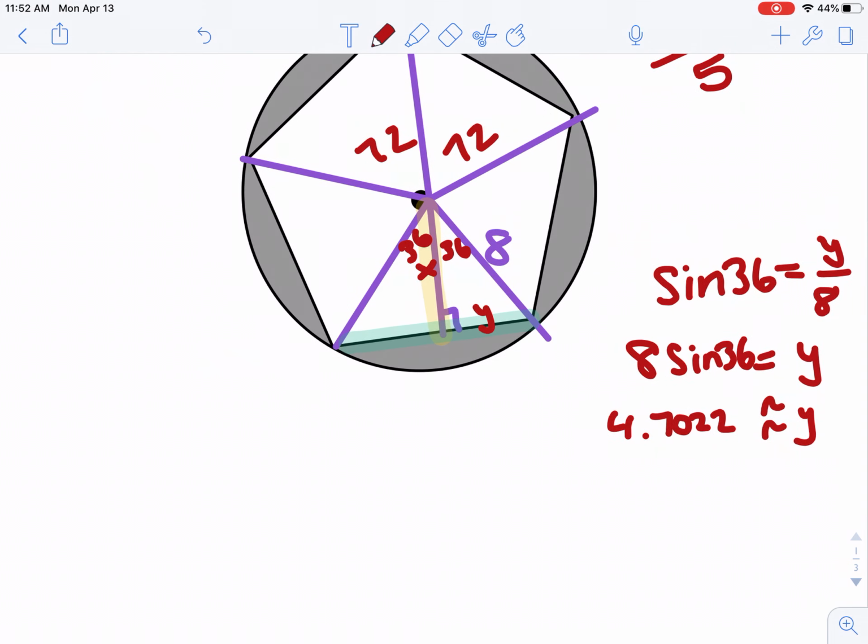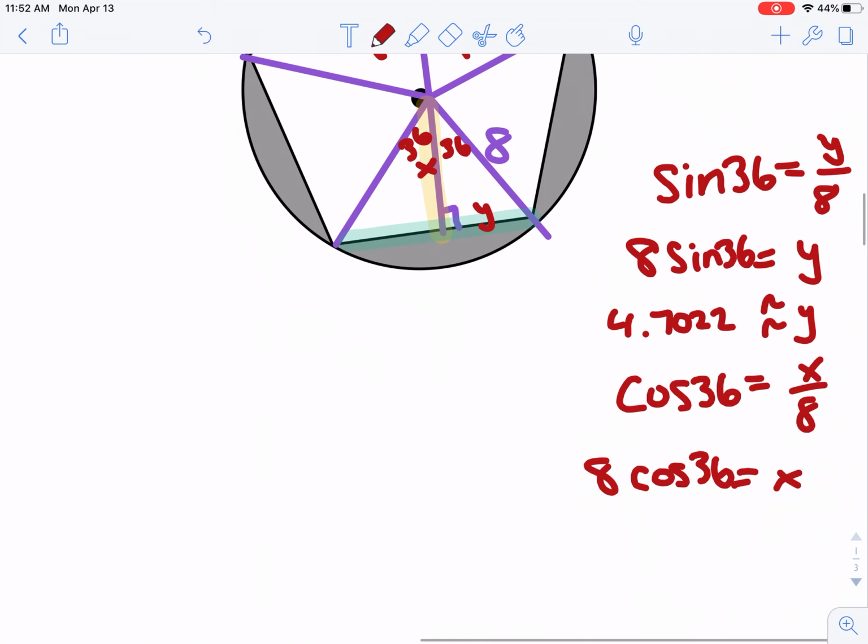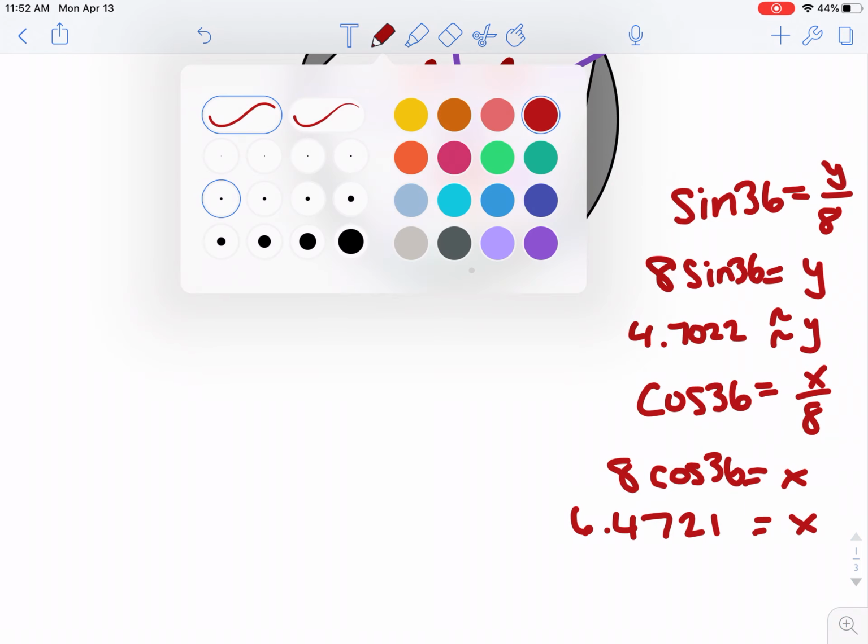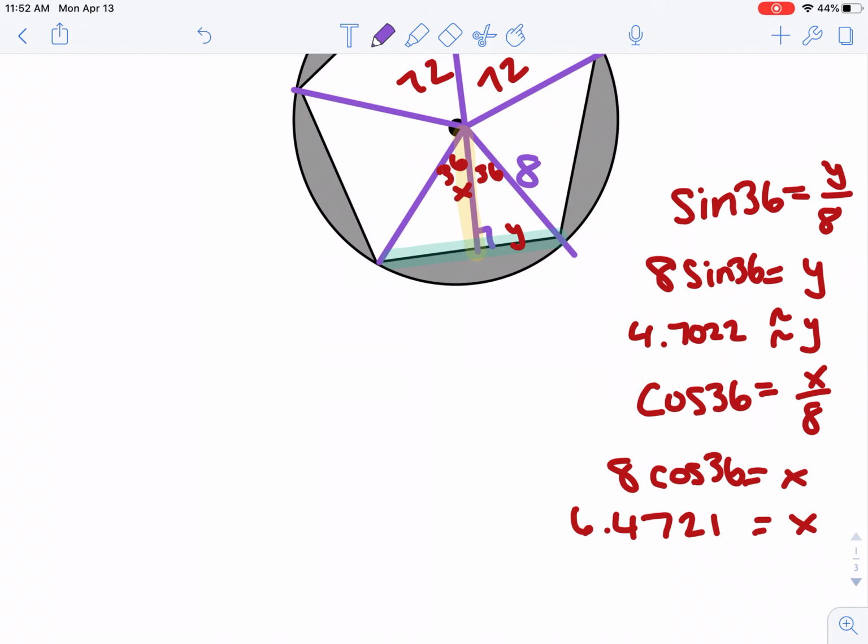And I could also say that cosine of 36 is adjacent over hypotenuse, which means that x would be 8 times cosine of 36, which is going to be approximately 6.4721. And one thing that I really want to know is the side length here. And the side length is not just one of those y's, it's 2 of them. So I'm going to double that.